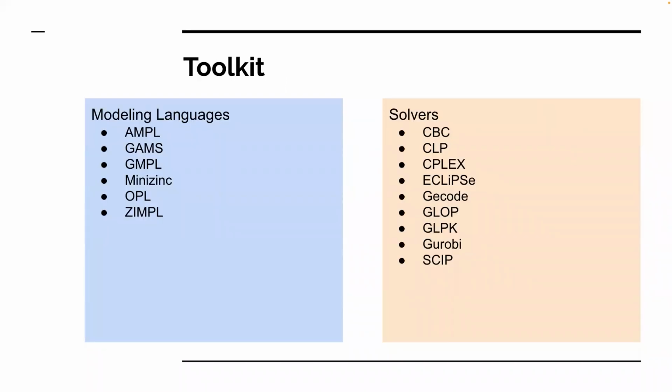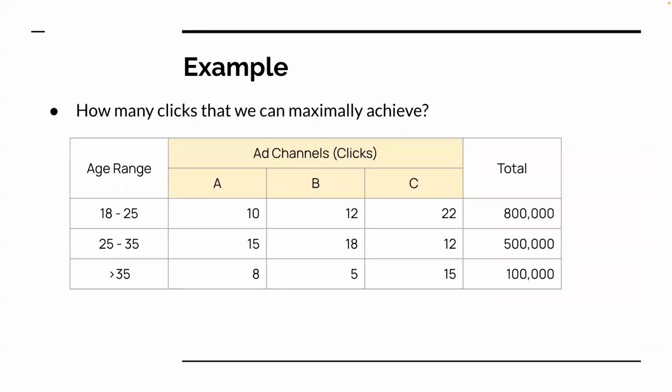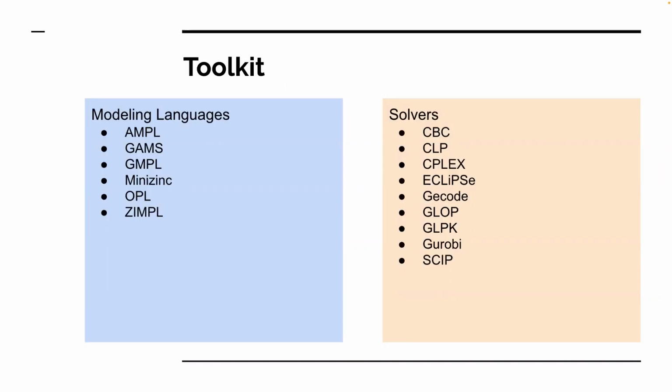What is the difference between a modeling language and a solver? A modeling language is like a programming language: it expresses the mathematical model in something that computers can understand. Solvers are algorithms, a bit like machine learning algorithms, which take this formulation and come up with a solution that is optimized for it.